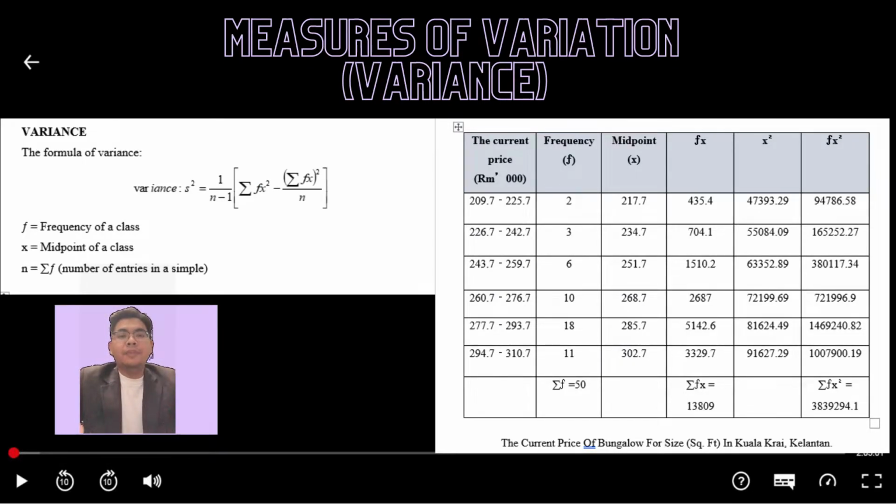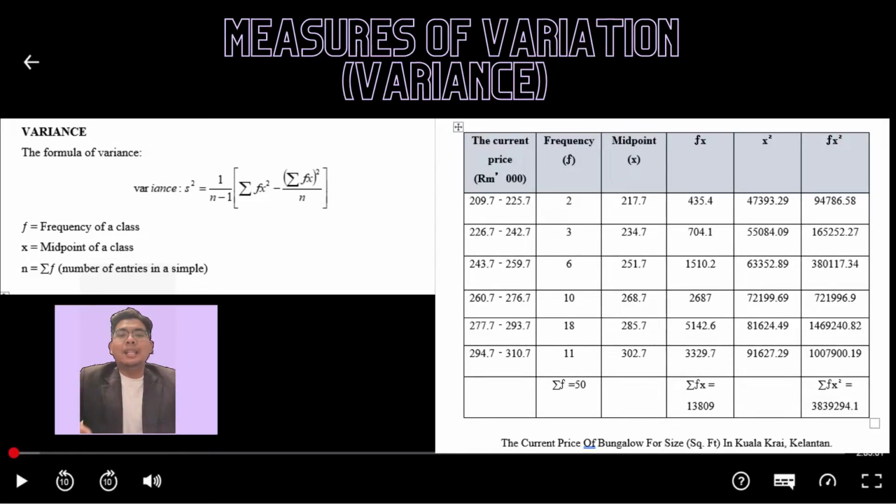This is the variance formula. In this table, they have columns of classes, frequency, midpoint, fx, x power of 2, and lastly, fx power of 2. How do we get fx? It is the frequency multiplied by the midpoint. So the sum of the fx column is 13809.